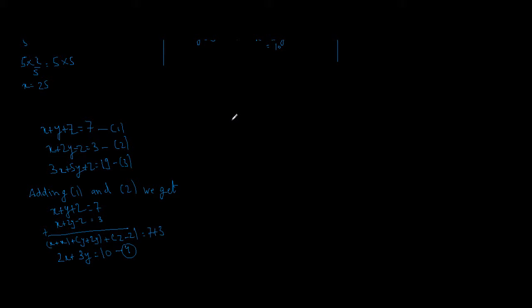Similarly, I can use 2 and 3 to eliminate z again. So again adding equation 2 and 3, I get x plus 2y minus z equal to 3 plus 3x plus 5y plus z equal to 19.